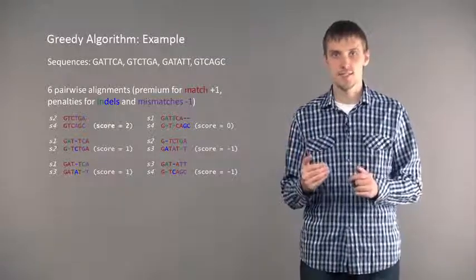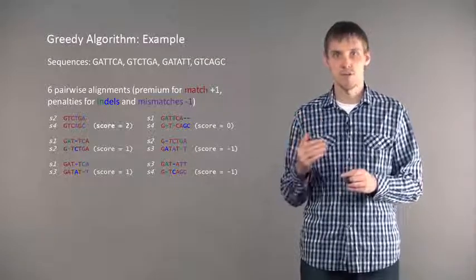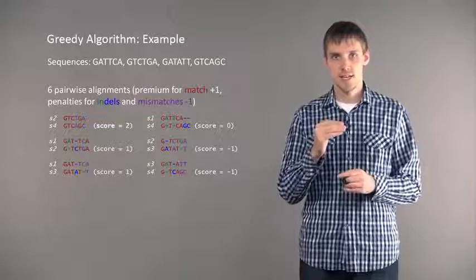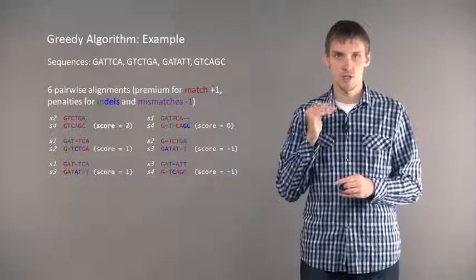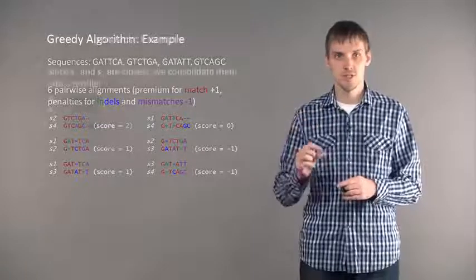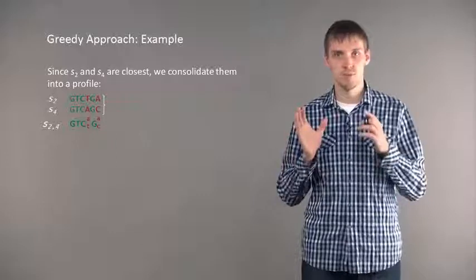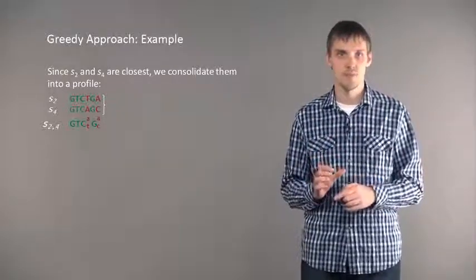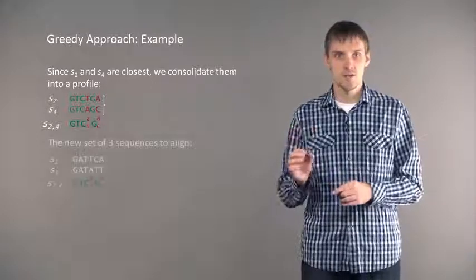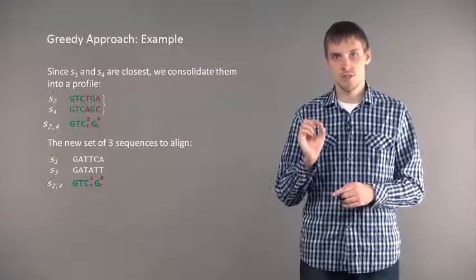We will find 6 pairwise alignments of these sequences, and the best one is the alignment between the 2nd and 4th sequences, and it has a score of 2. So we will join these 2 sequences into one profile, and we will add it to our pool of sequences we want to align. And now we have a new set of 3 sequences to align.